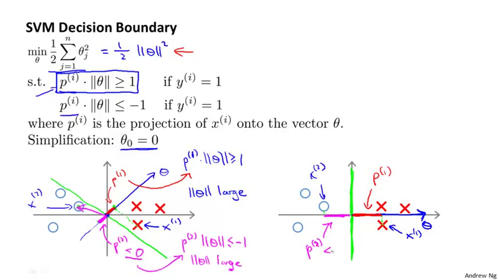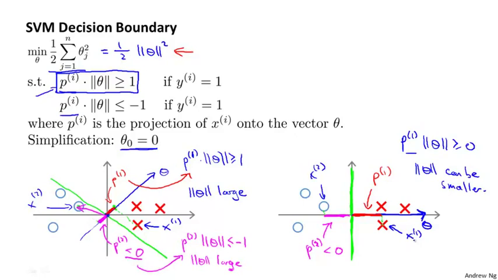Really, this is going to be less than 0. And you notice that now P1 and P2, these lengths of the projections, are going to be much bigger. And so if we still need to enforce these constraints that P1 times the norm of theta is greater than or equal to 1, because P1 is so much bigger now, the norm of theta can be smaller.